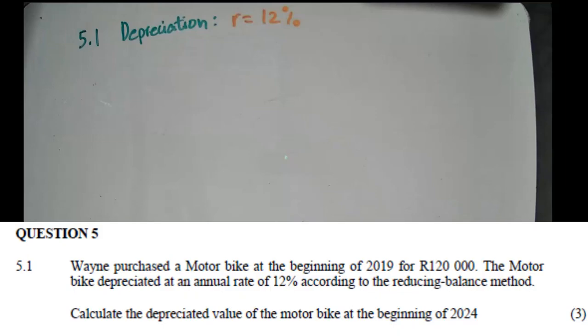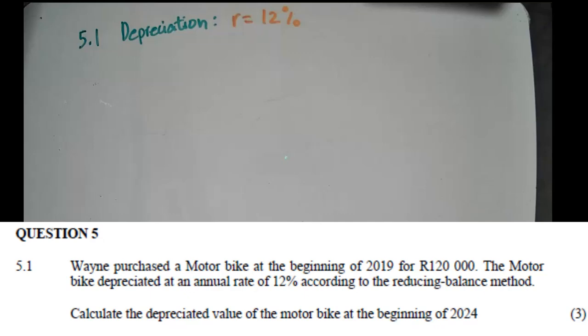Right, next we're going into the financial maths. We're looking at depreciation. The question is on the screen, and you need to just read it very quickly and see what you can see concerning that question. This question says Wayne purchased a motorbike at the beginning of 2019 for 120,000.